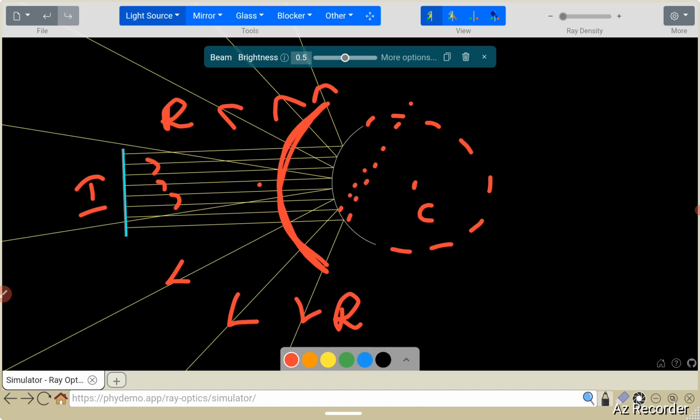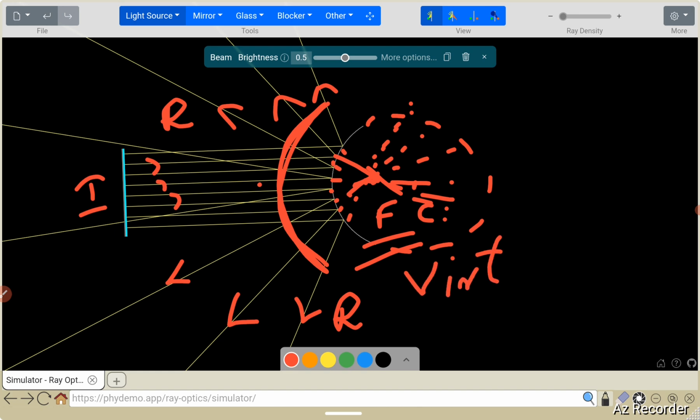If you just extend them, they will be meeting at one point. So this point where they meet is called focus. Understood? But this point is formed because of the extension. That's why this focus is called virtual focus.